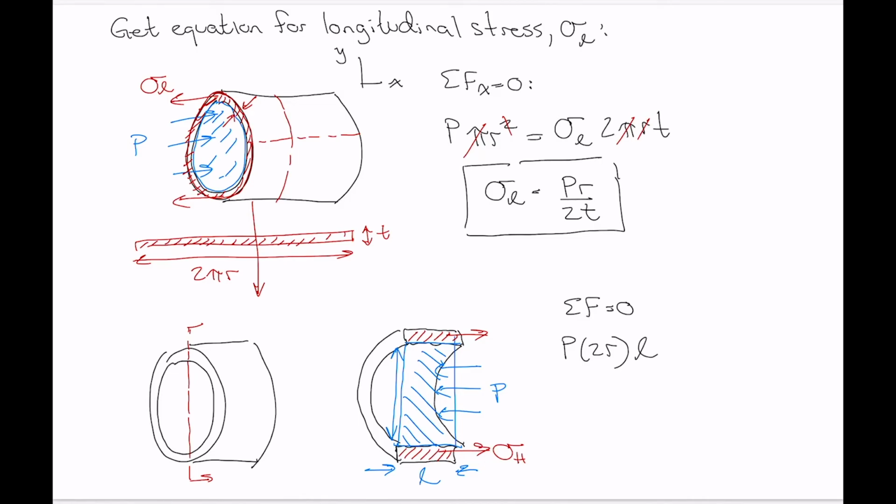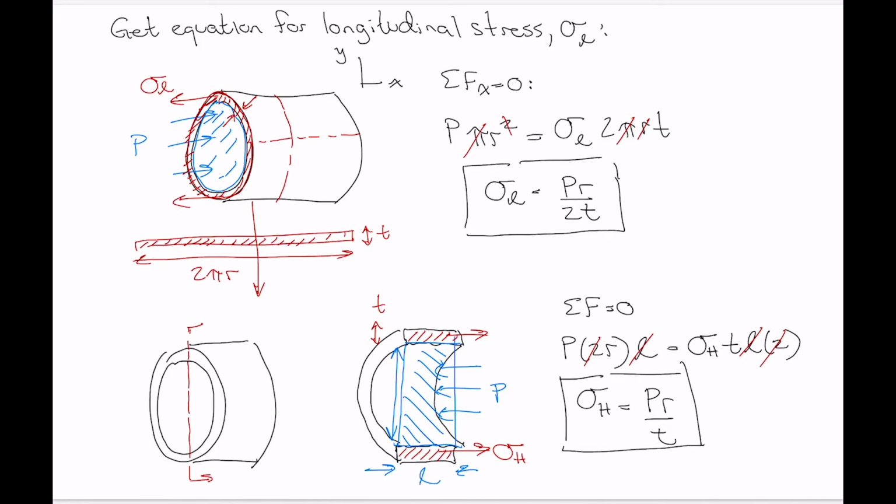So P 2r L. And then balancing that, we've got our hoop stress multiplied by the area that that's acting over to change that into a force. So that's thickness T multiplied by length L multiplied by 2, because there's 2 of them. Okay, 2's go, L's go, and sigma H is equal to PR over T. There we go.